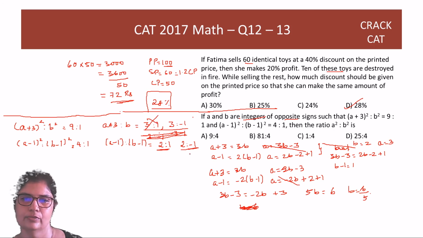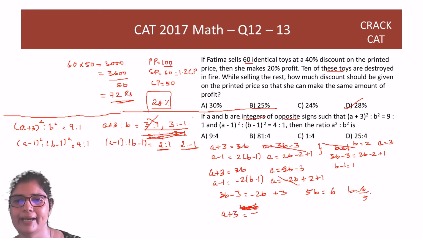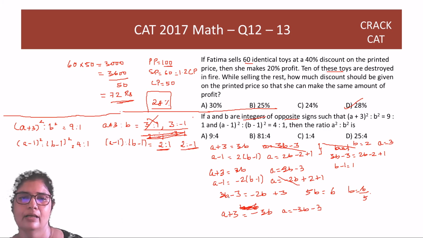3:1 ratio. Now we are looking at A plus 3 is equal to minus 3B. अभी हम माइनस के साथ काम करेंगे. So I'll get A is equal to minus 3B minus 3. Compare, you'll combine it with this.